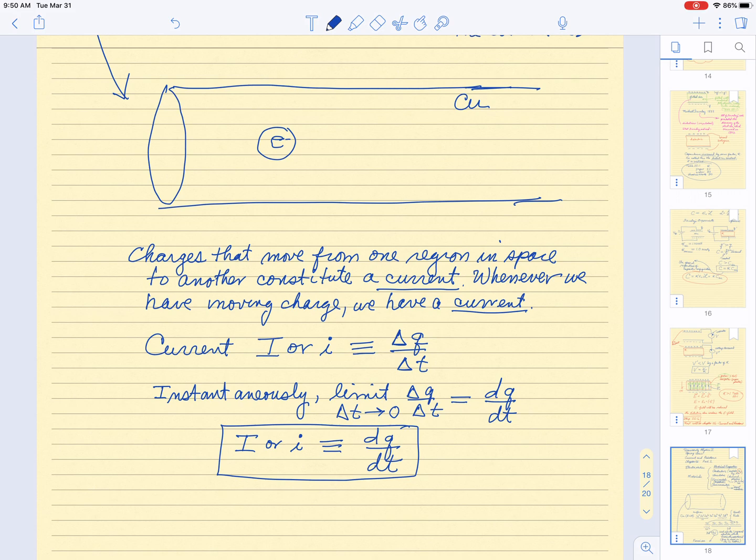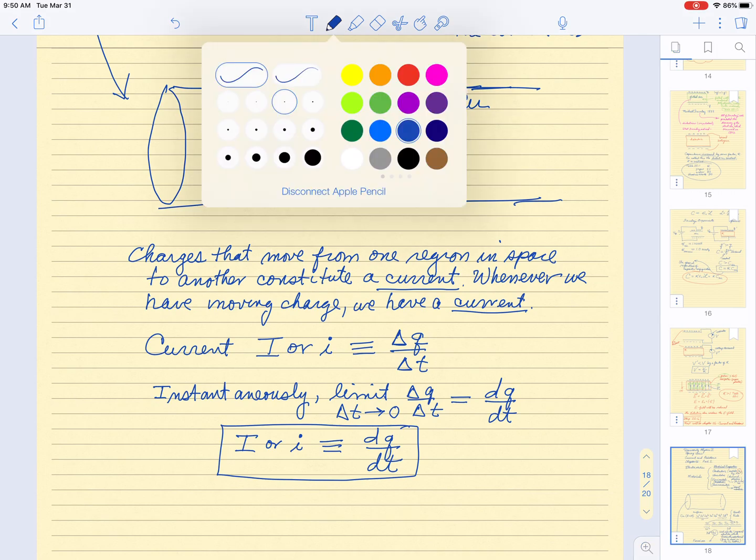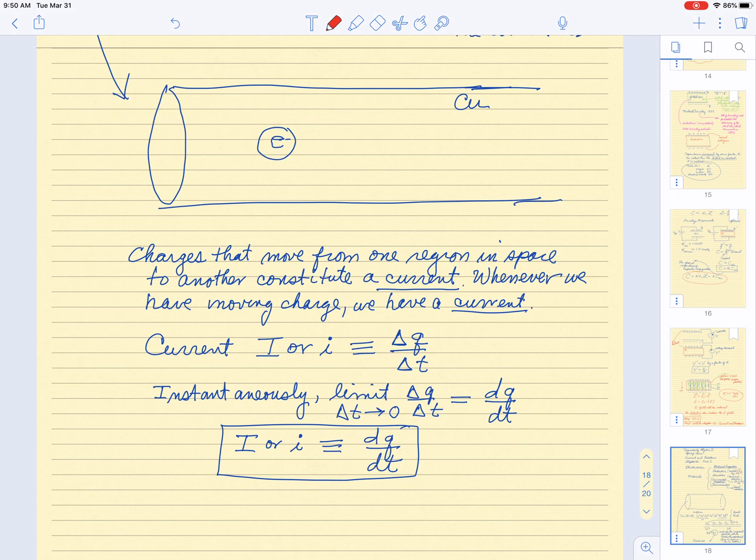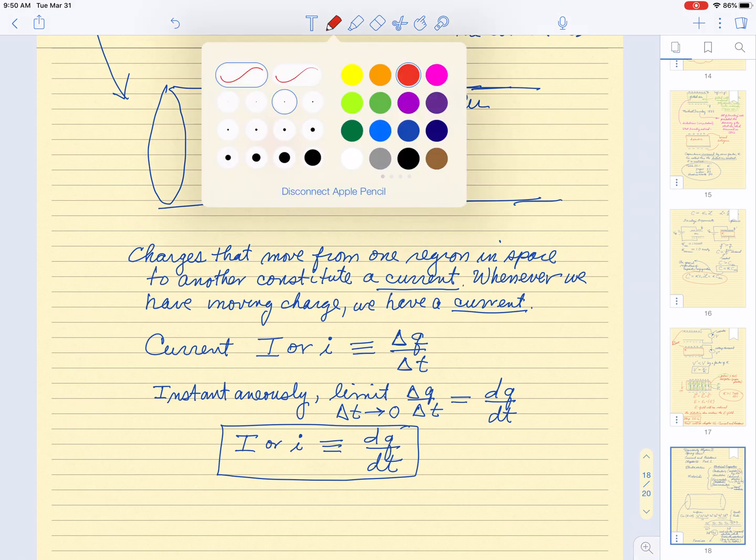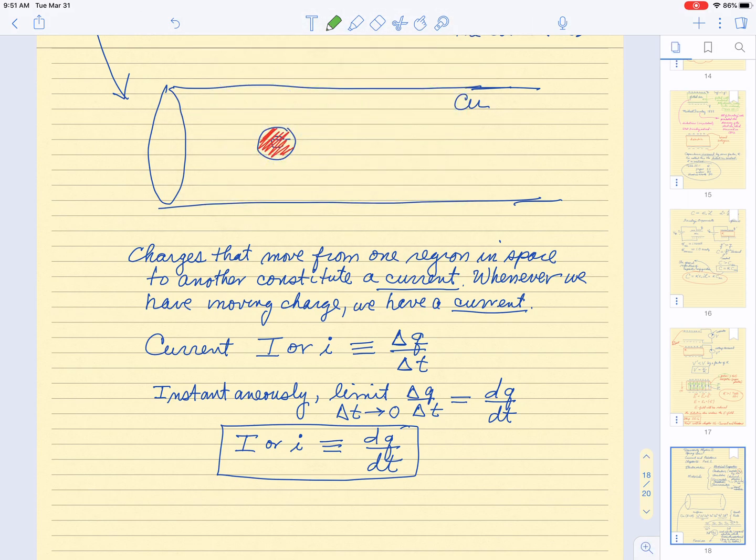So now, if we were to look at one of these copper free electrons, and if we were to somehow tag it, right? So we're going to shade it in as red so we can follow it. And if we were to look at it over time, then it's going to move. You know, it's going to go here, here, here, here, maybe here.